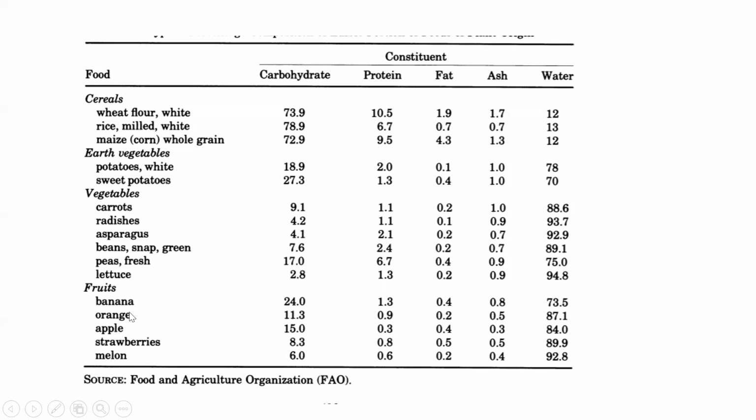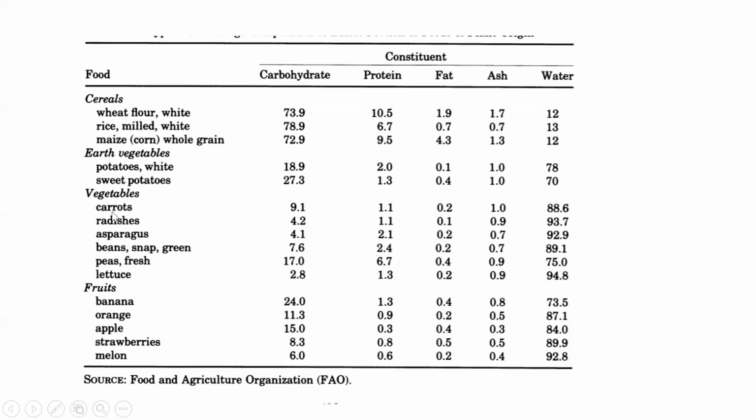Further, when you look at the fruits, banana, because it is very sugary, has a carbohydrate content in the form of sugar of 24%. Oranges have 11% carbohydrate, apple has 15%, and so on. Further, when you look at the protein column, the cereals are on the higher side of protein, except for legume protein like green peas, where the protein content is 6.7.